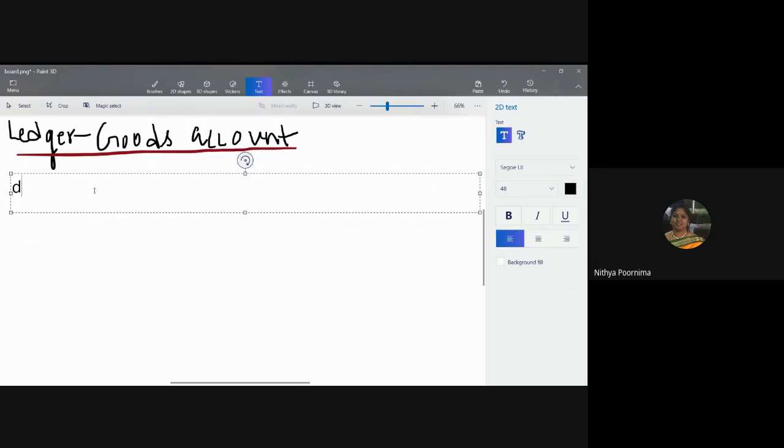I'm not going to make an entry of this one folio number. If you have space, you can leave the space for folio number, okay?